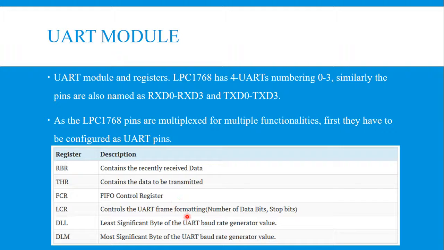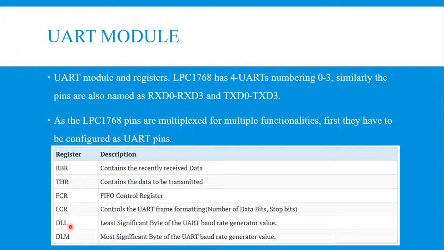LCR controls the UART frame formatting: number of bits, number of stop bits, or a parity bit if you want. DLL and DLM together form the baud rate value to be generated by the UART, where DLL is the least significant byte of the divisor and DLM is the most significant byte. DLL and DLM are the main registers we are going to use.